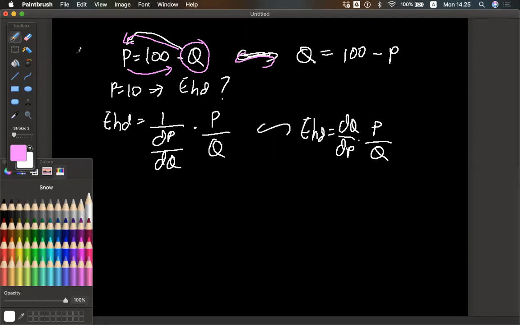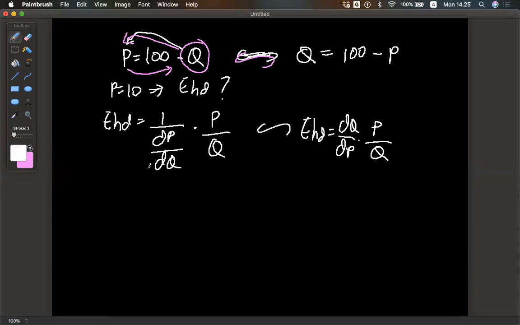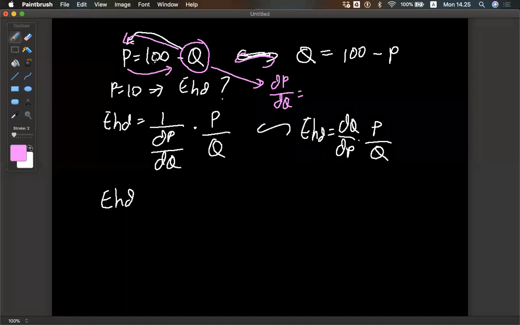Okay, let's try to solve it now. For Ed with dP by dQ, P is the function, and the thing we are going to differentiate by is Q. So 100 differentiated by Q, constant, is 0, and minus Q differentiated by Q is minus 1. Okay, got it?